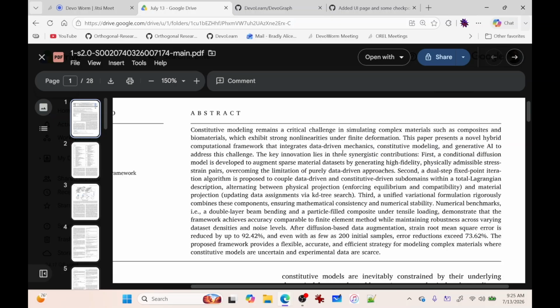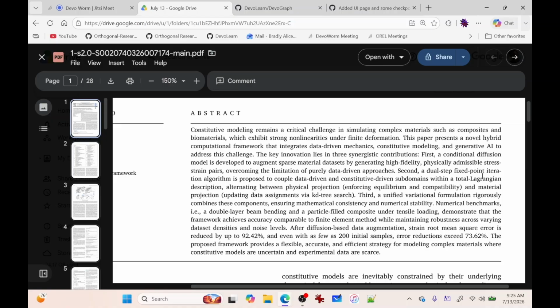The key innovation lies in three synergistic contributions. First, a conditional diffusion model is developed to augment sparse material datasets by generating high fidelity, physically admissible stress strain pairs. So they're actually using a diffusion model to generate these different datasets, and they're trying to find these stress strain pairs.